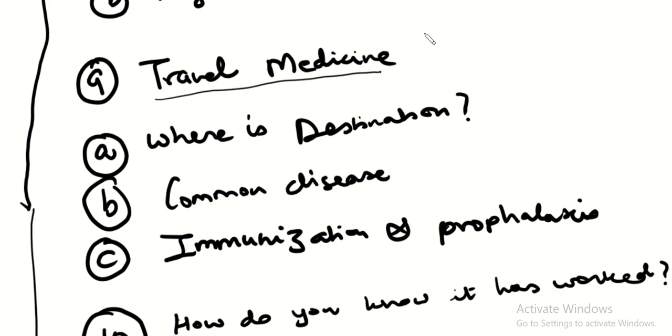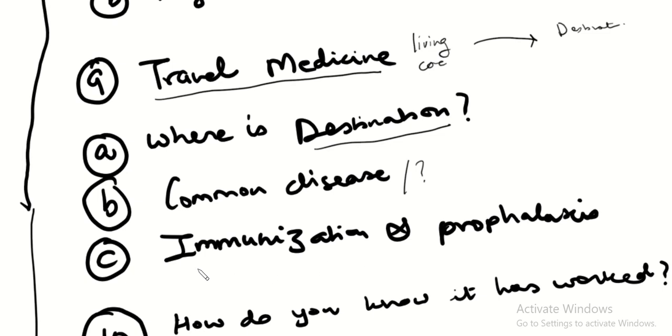The concept is the person is going from where they're living, and that's when they come to you, planning to go to a destination. The thing is, there are some diseases that are common in certain areas of the world. So we figure out what the common diseases are in that area, and there are actually several websites that can help us figure that out.